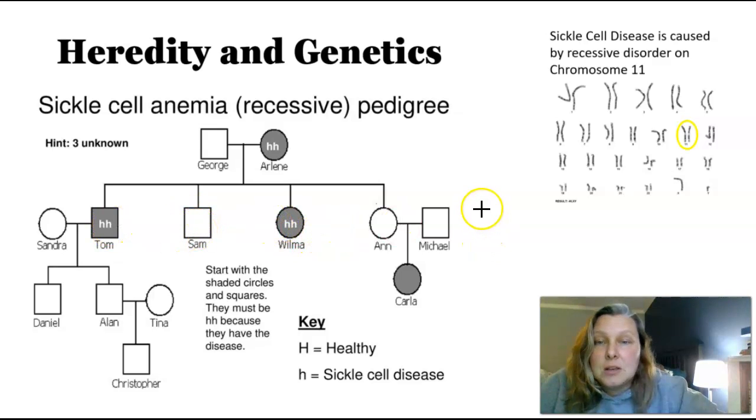So we have Arlene, lowercase h, and then we have George. He's an uppercase H and a lowercase h. And one of the things that we really don't get to talk about is meiosis and the process of how we actually separate those chromosomes from each other during that gamete formation and that type of cell division.